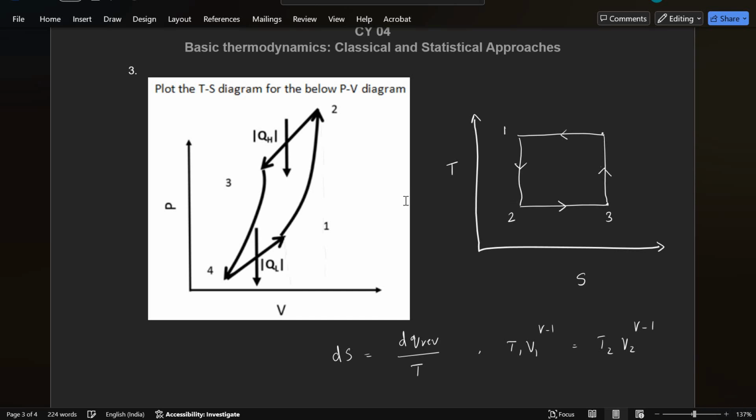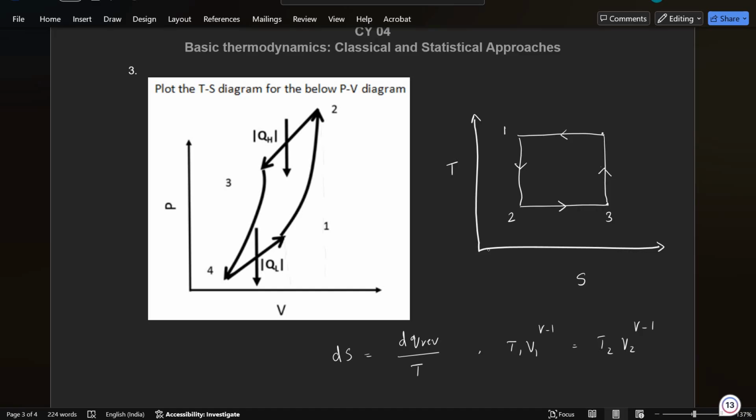Do you understand this? So first, step 1 to 2 is an adiabatic expansion. Since it's an expansion and the temperature and volume relationship is inverse, as volume expands, temperature is going to decrease. So it's going to be like 1 to 2. There's a decrease in temperature, but entropy is the same because there's no heat into the system here.